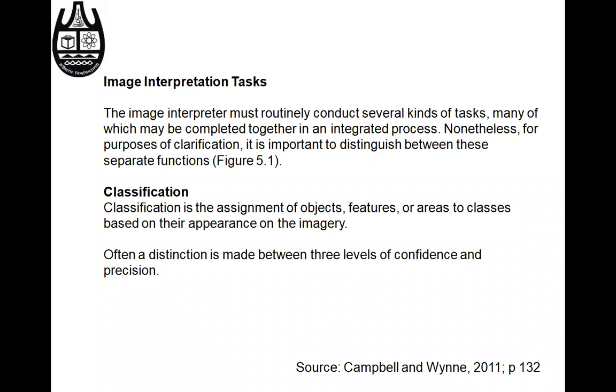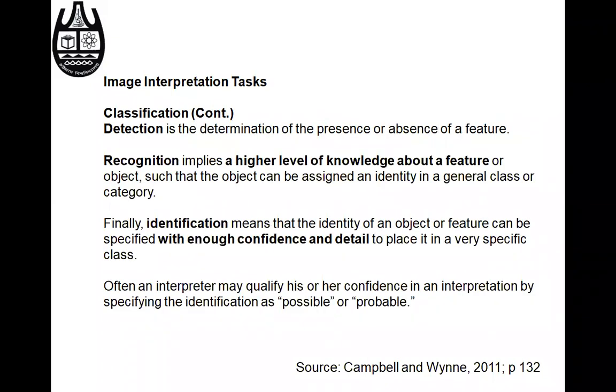Classification has three steps, or we can say three levels of confidence. In some of the images, first of all, you want to know whether your image can gather the information of a particular object or not.